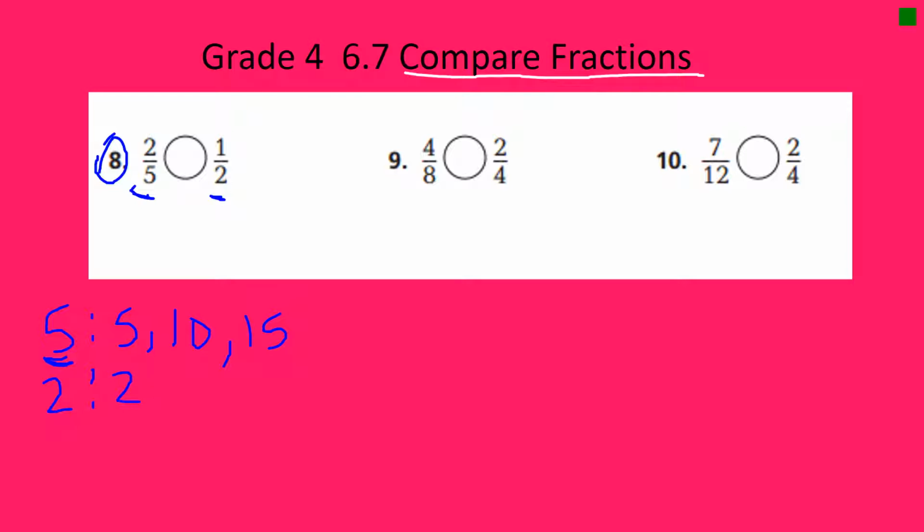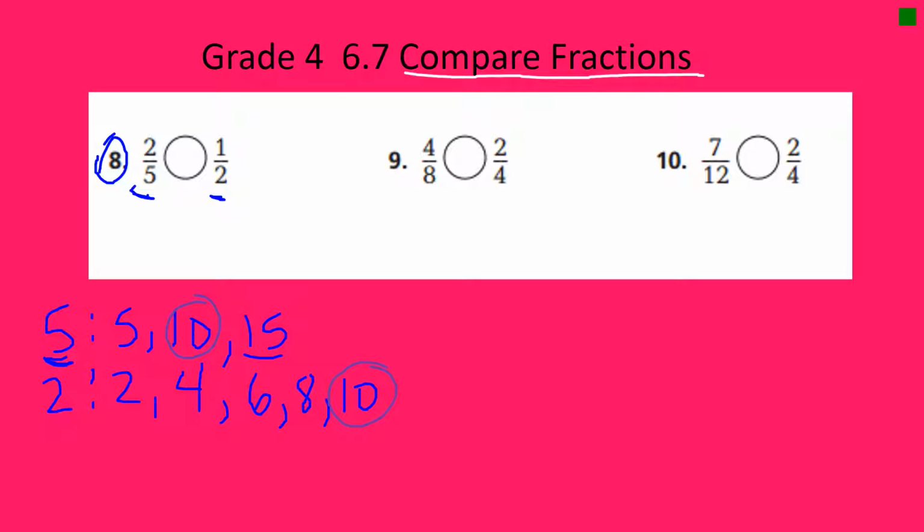Multiples. 2 times 1 is 2. 2 times 2 is 4, right? Okay? So far, do you see any in common? Nope, I don't either. I'm going to keep going on the 2's because I'm not anywhere close to 15. 2, 4, 6, 8, 10, ding, ding, ding, ring-a-ding-ding. I can use 10 as a common denominator for 2/5 and 1/2.